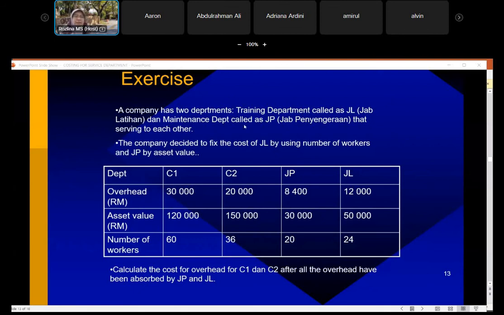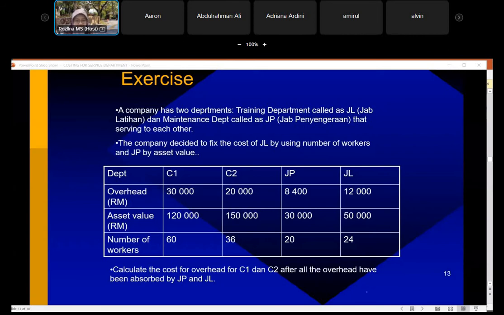And maintenance department called as JP, Jabatan Penyelenggaraan, that serve to each other, servicing to each other. The company decided to fix the cost of JL by using number of workers, and the JP by asset value.